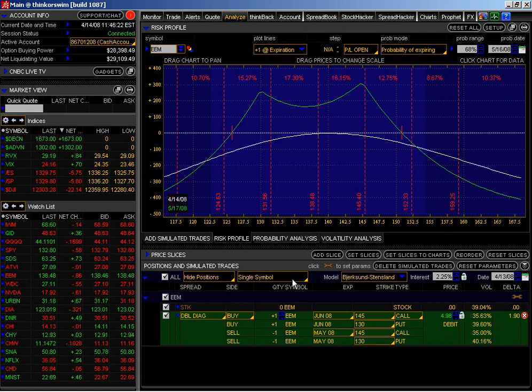But it's critical to understand adjustments, because if the price gets very quickly to the upper side of our break-even points, up to around the 150, 151 level, then we need to do some adjustments here. Or if it goes down to our 125, 126 level, we need to do some adjustments there as well. But this is how we set up our initial position.